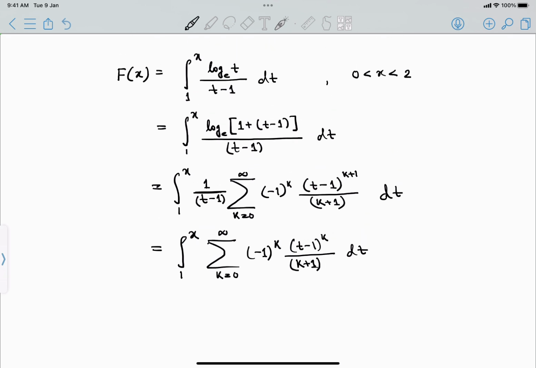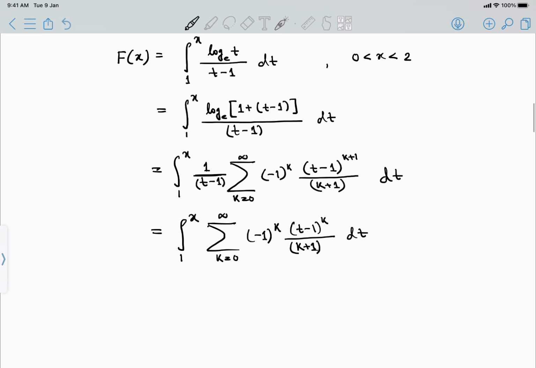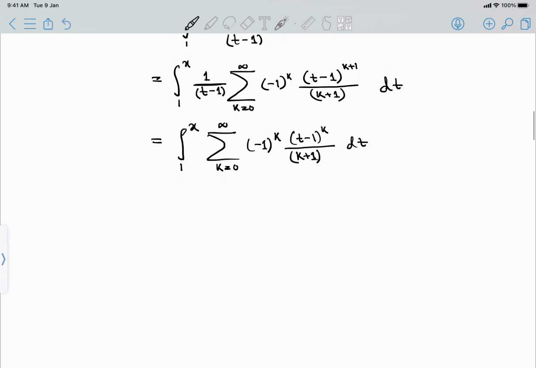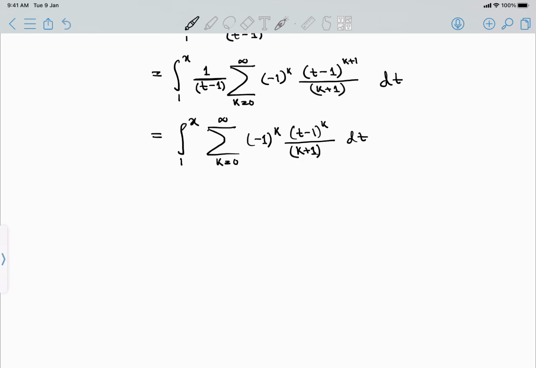Now suppose we can interchange the summation and integral. We can interchange the summation and integration if the series is uniformly convergent. So first assume that we can interchange the summation and integral. We'll prove it later.